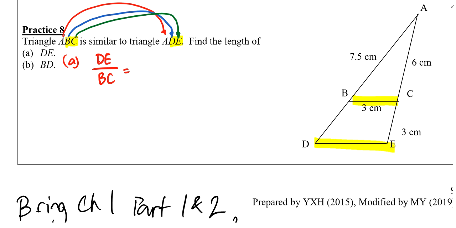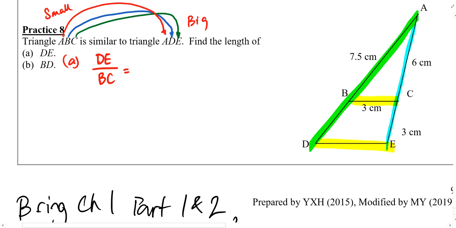Since this side is the big one, and this is the small one, I already have DE and BC. So I need another side from the bigger triangle, one side that is known to me. I can use AD or I can use AE. Which one can I use now?